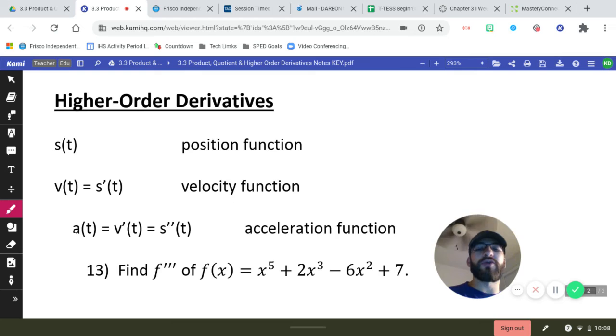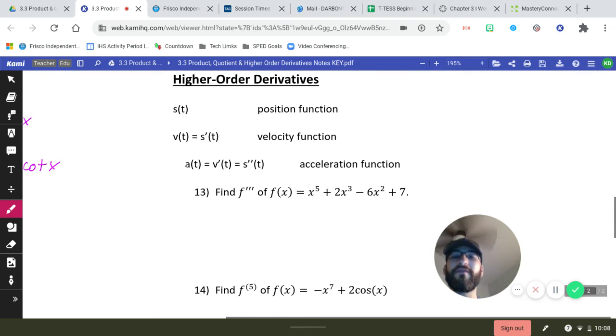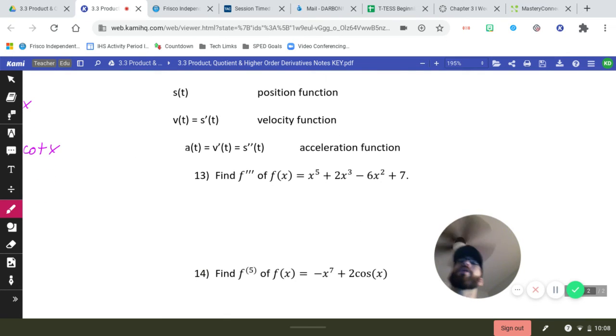Well, if I take the derivative of the velocity function, that's not only the same thing as the second derivative of the position function, because now I've derived the position function twice, but it is also the same thing as the acceleration function. Okay, so position, velocity, and acceleration are related in this way, that velocity is the derivative of position and acceleration is the derivative of velocity. Wow, learn something new every day. Okay, things you've been doing for years, now you know where it all comes from.